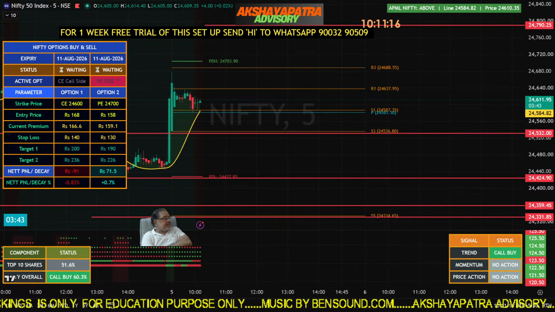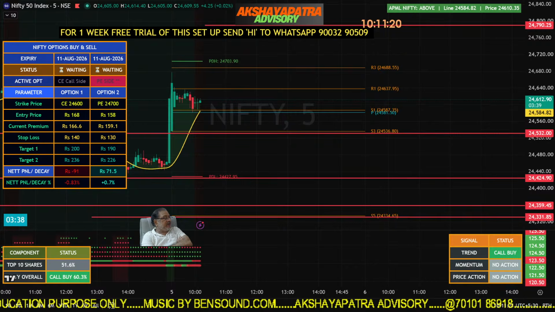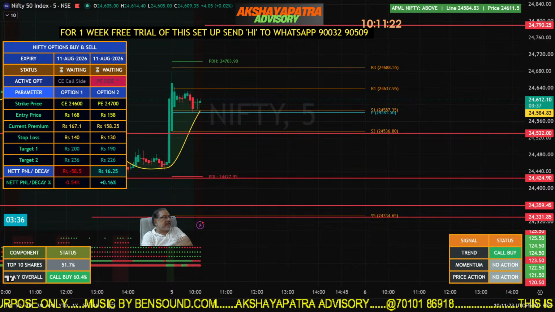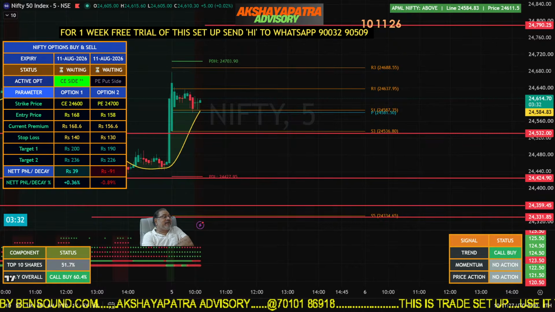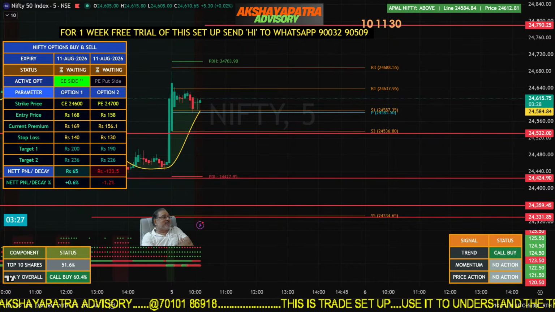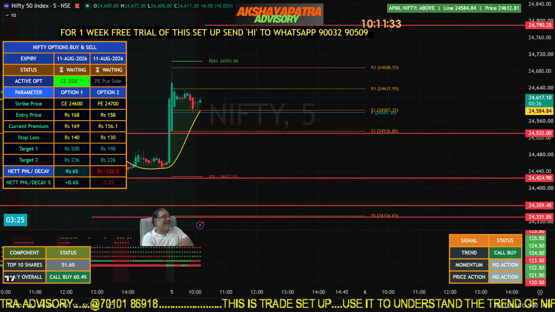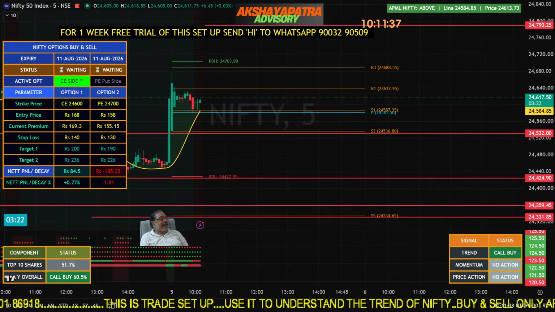Everything is stacked properly. Even then, if the market is not going up, maybe it has already discounted all this. Or we don't know, maybe it will wait till 3:30. Around 3:35, it will make another 200 points candle. So those candles will become scandals.